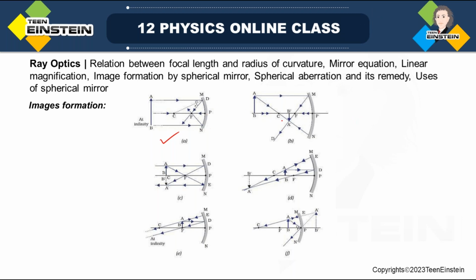So we can take the object at C. So the object is at C now. This distance is equal to 2F. Any object we keep at 2F, let us take two rays. One is a parallel ray, which meets at the focus after reflection.